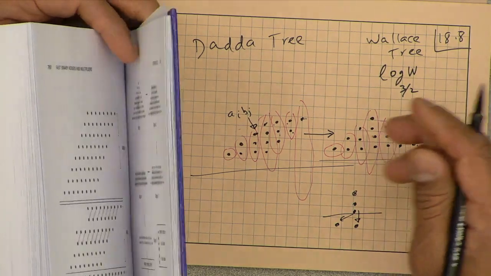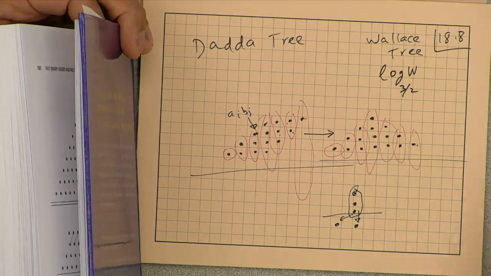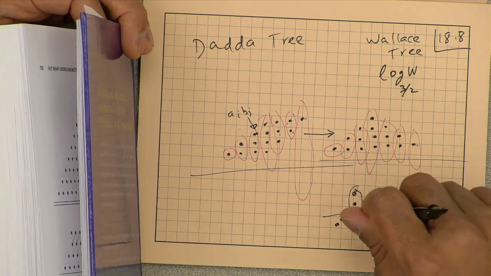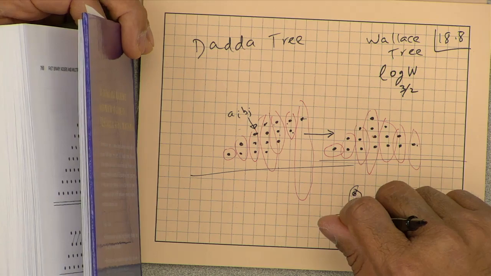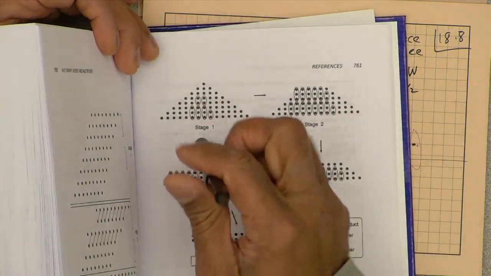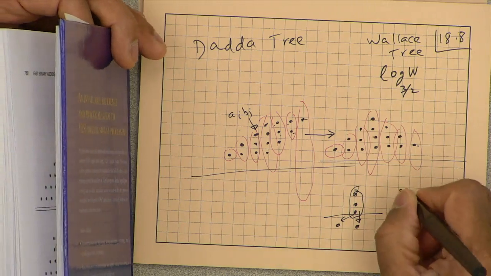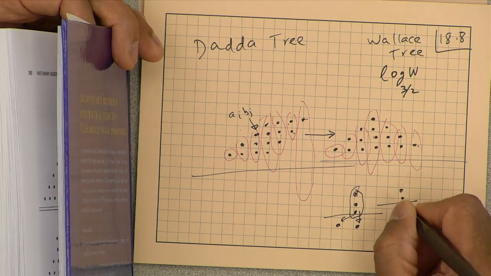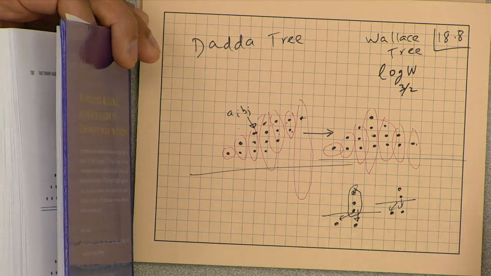So every time I replace these 3, it generates a new dot in the same column and a dot in the column to the left. A half adder is the same: if I have a plus b, it generates a sum and a carry. The sum is here, the carry is here.